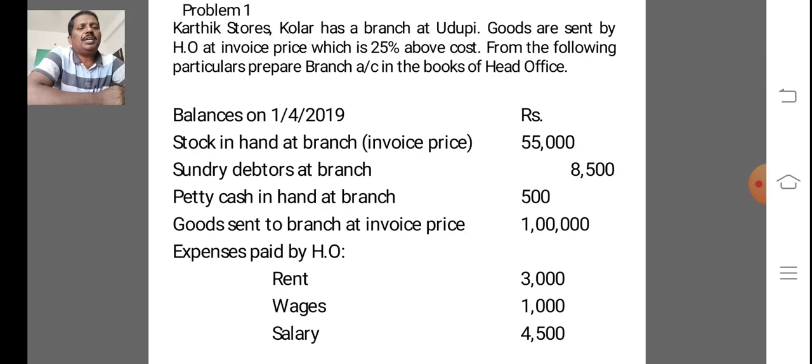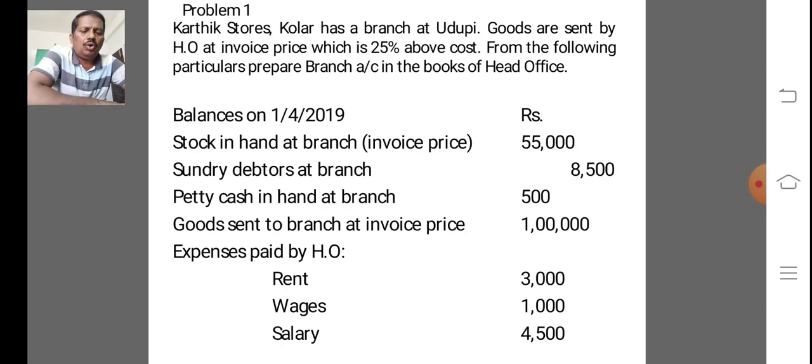And on the credit side, credit the opening liability, credit the stock reserve account, credit the bank account, credit the goods sent to branch account, credit the closing assets. And finally the difference is either profit or loss, that is to be transferred to general profit and loss account.